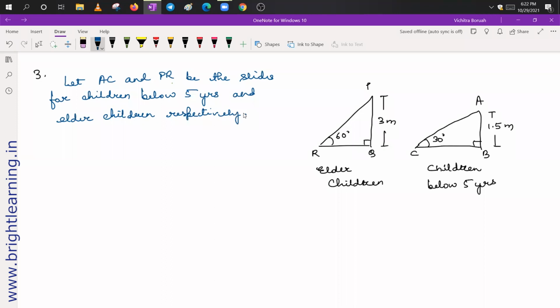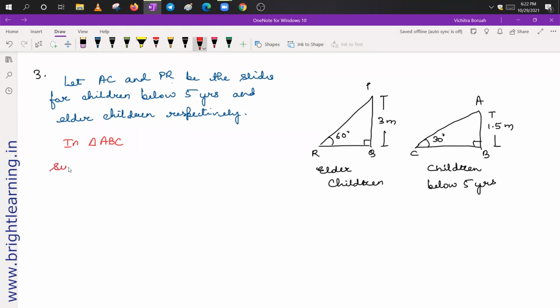So now, first let us find the length of this slide for children below 5 years. So here we will take triangle ABC. Here we know the length of this perpendicular and we have to find this hypotenuse. So we will use the trigonometric ratio, which is sine.